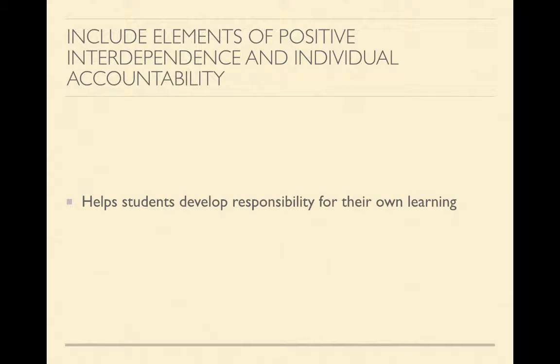You don't want students to constantly be waiting for the teacher to tell them what to learn and what to do. When you have positive interdependence, it requires students to work out problems themselves, to help each other, to find answers to questions. And the individual responsibility means they can't just rely on the other students to do the work for them, like in some traditional group work.